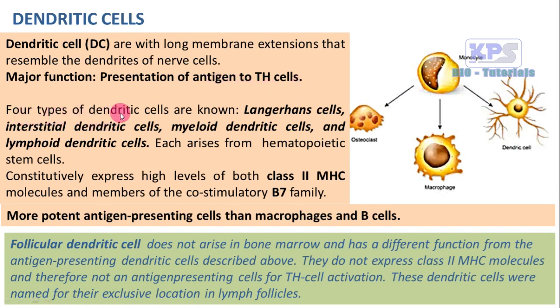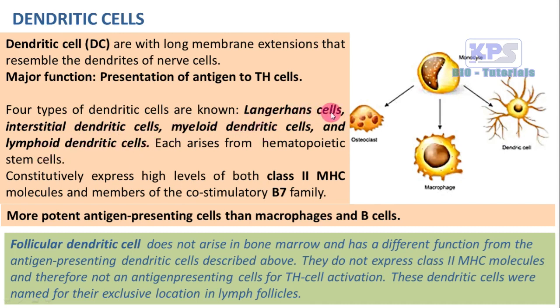There are 4 types of dendritic cells known. These dendritic cells are derived from monocytes, as macrophages also are, and the types are Langerhans cells, interstitial cells, myeloid dendritic cells, and lymphoid dendritic cells.